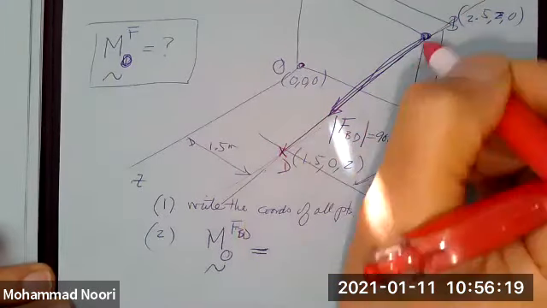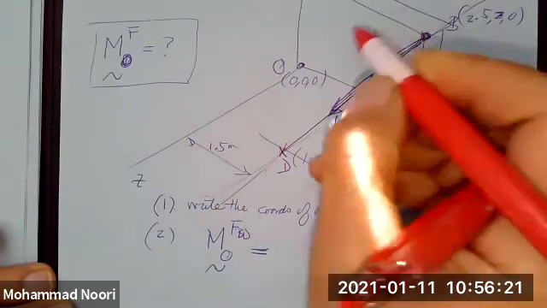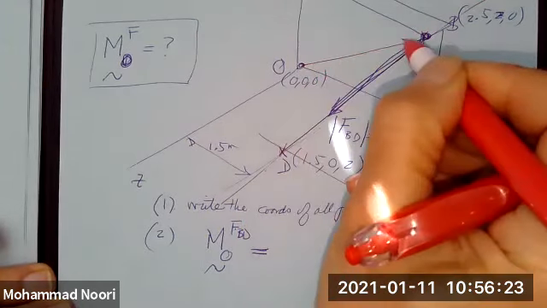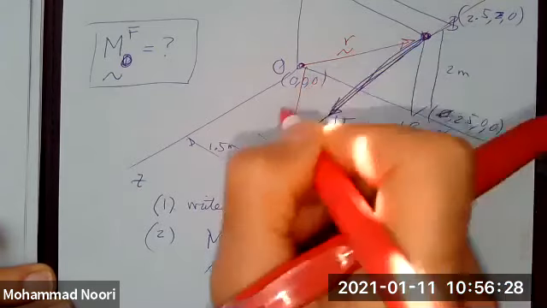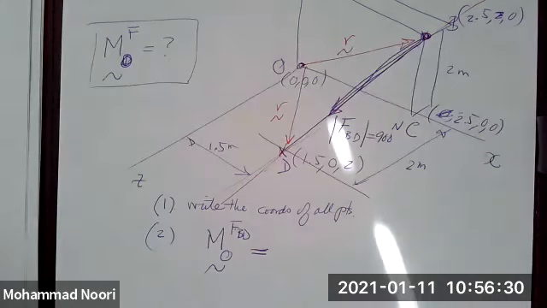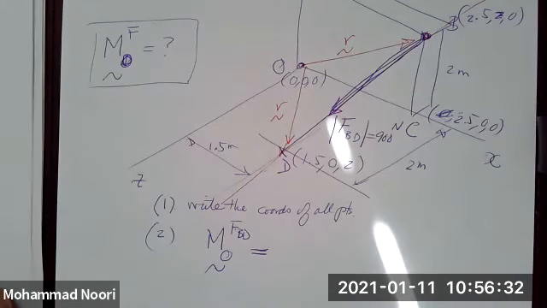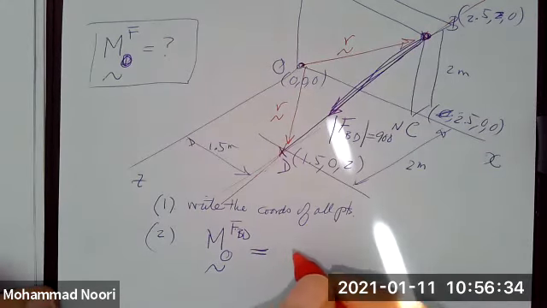But we only have the coordinates of these 2 points. So you can either consider this or this as your position vector. Okay? So this would be simply R cross that force BD.